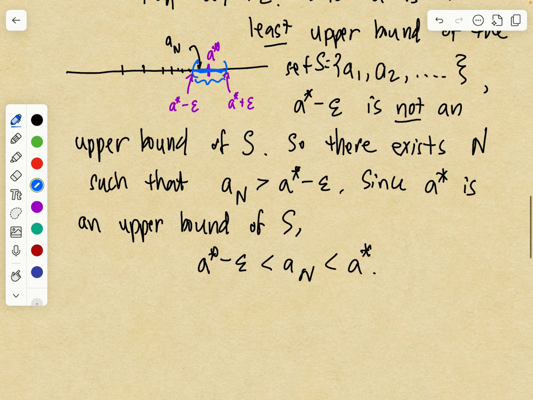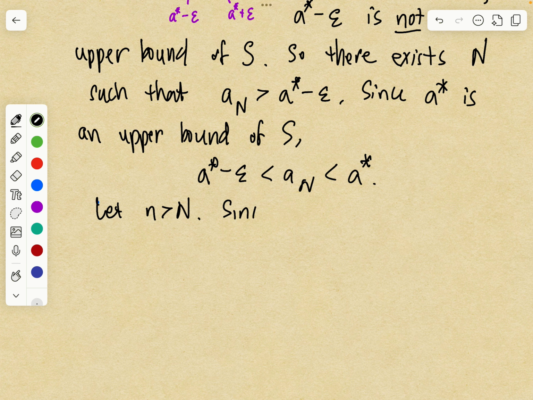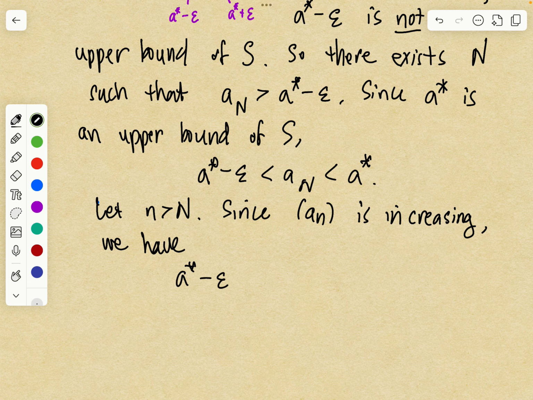So let little n be greater than capital N. Since the sequence is increasing, we have A star minus epsilon is less than a capital N, less than or equal to a sub little n, is less than or equal to A star. Actually, we really have less than or equal to A star, right?